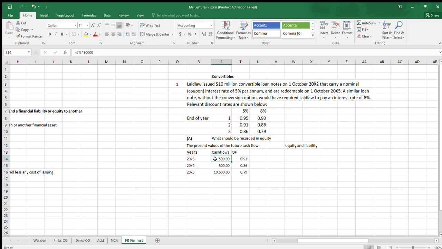So for us to get a present value, we use the 8%. The question said that a similar loan note without the conversion option would have required a late law to pay an interest rate of 8%. So we discount it with this 8%.